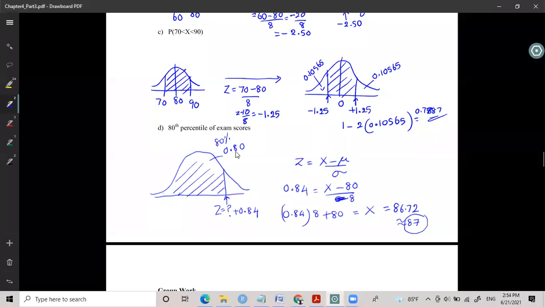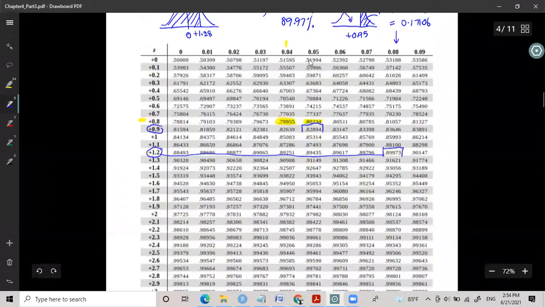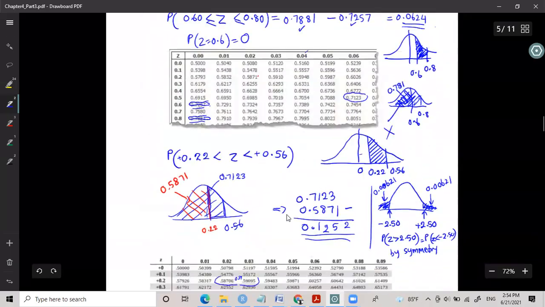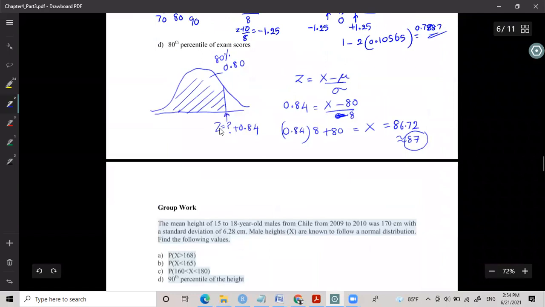So this 0.8 probability is somewhere in this bunch of values. We found two candidates, 0.79955 and 0.80234. These are the values to the left and to the right of 0.80, right? And the closest is 0.79955. The Z score for that probability is 0.84. So you write 0.84 as the Z score. So at Z score 0.84, 80% of area is to the left of it. That is the 80th percentile. Okay.